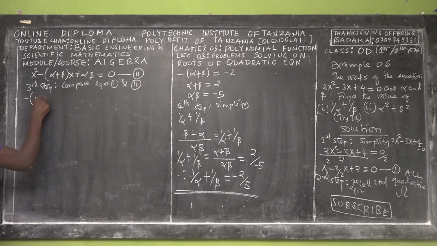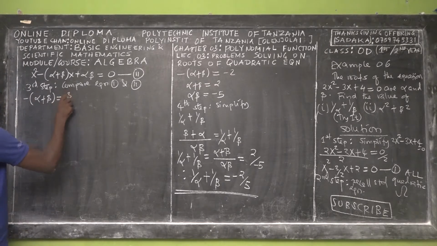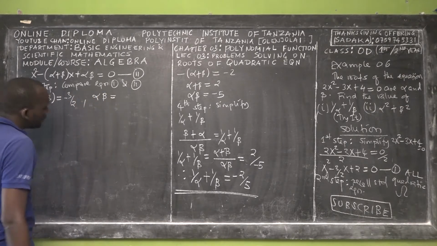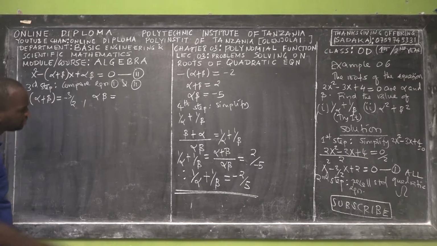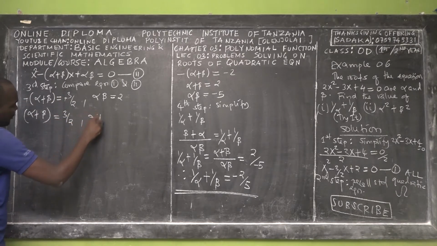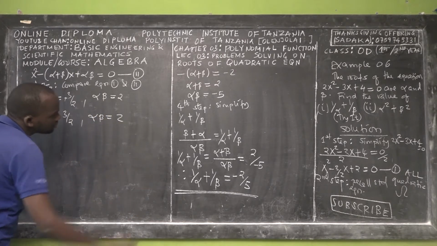We have negative alpha plus beta equal to negative 3 over 2, but also the product of the roots, alpha times beta, is equal to 2. So alpha plus beta is equal to 3 over 2, the negatives cancel, and alpha times beta is equal to 2.